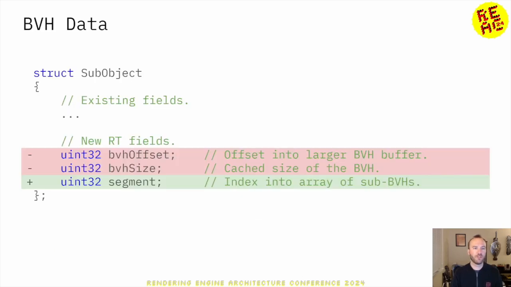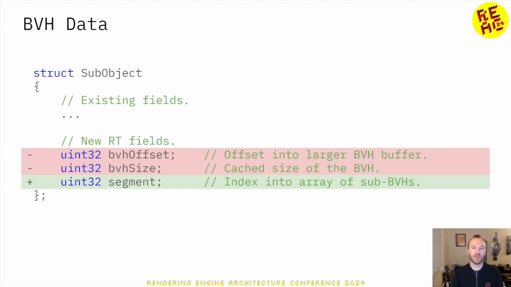The first of two significant refactors to the architecture behind BVH management replaced the immutable offset and size on the subobject struct with a segment integer. This represents the index of the subobject's BVH within the parent struct's list of BVHs in its monolithic data buffer.